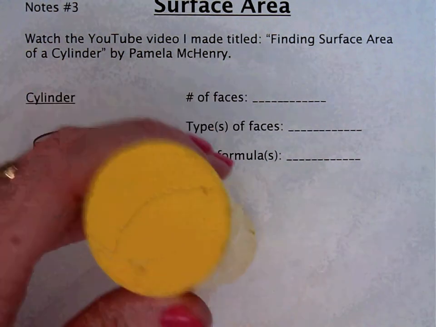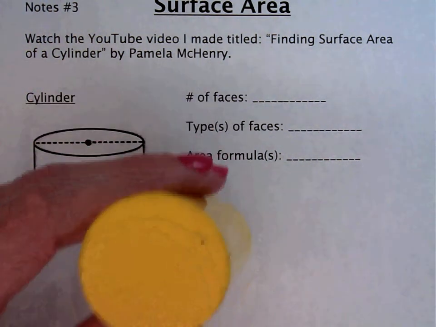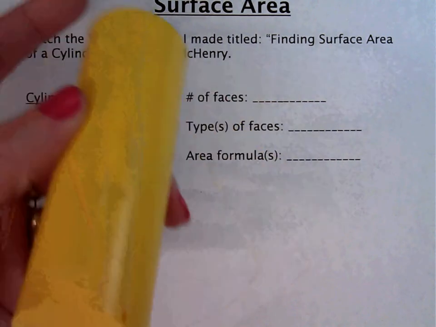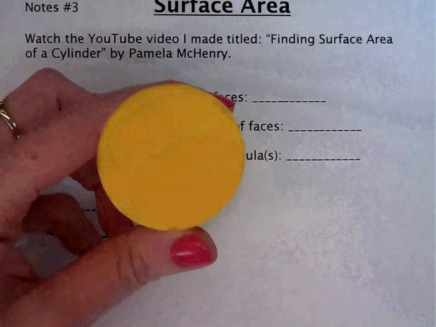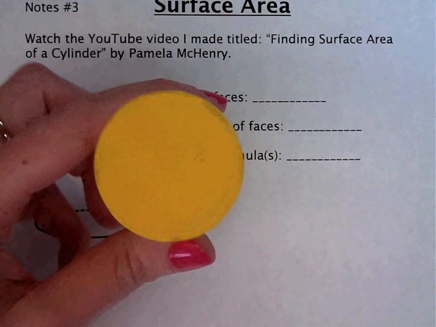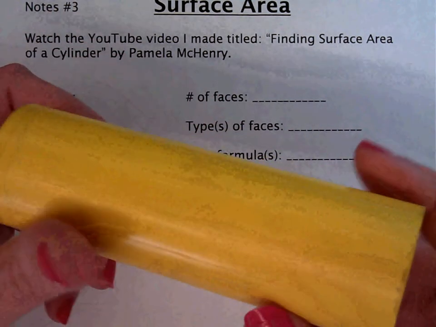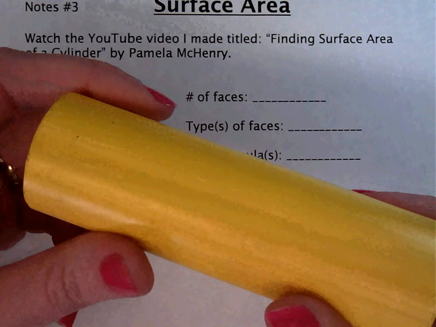If you look at this three-dimensional cylinder that I have right here, it has a top and a bottom that are both flat, but then it has this edge around the outside that is curvy.